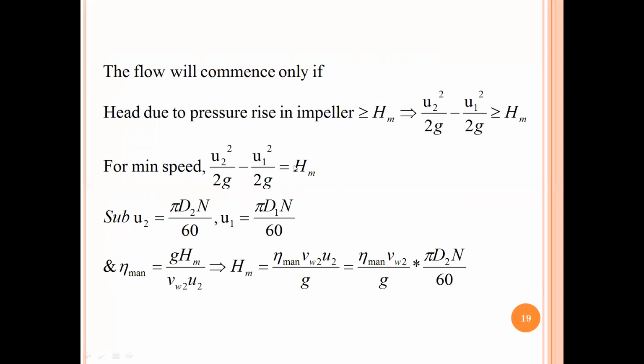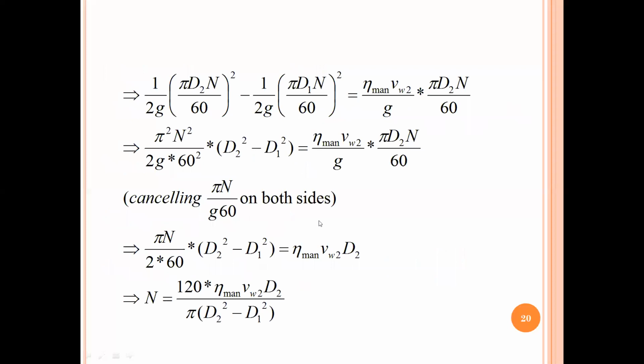And Hm also, I'm making use of your manometric efficiency, and from manometric efficiency I'm writing Hm as manometric efficiency into VW2 U2 divided by g. Now here again U2 we are taking as pi D2 N by 60. So I'll be substituting all these three in this formula and trying to simplify it.